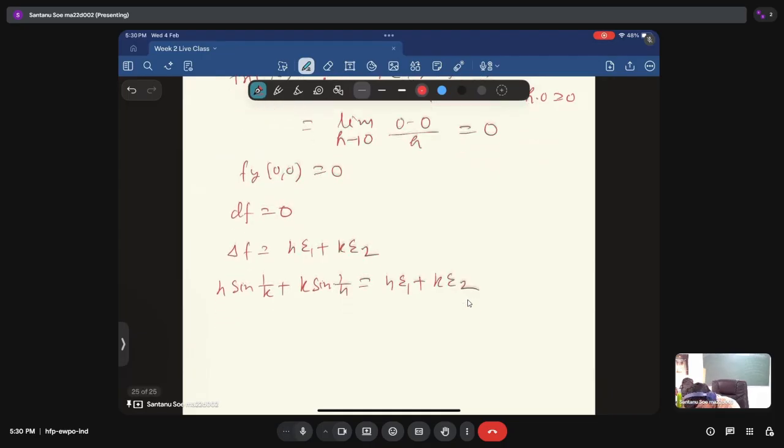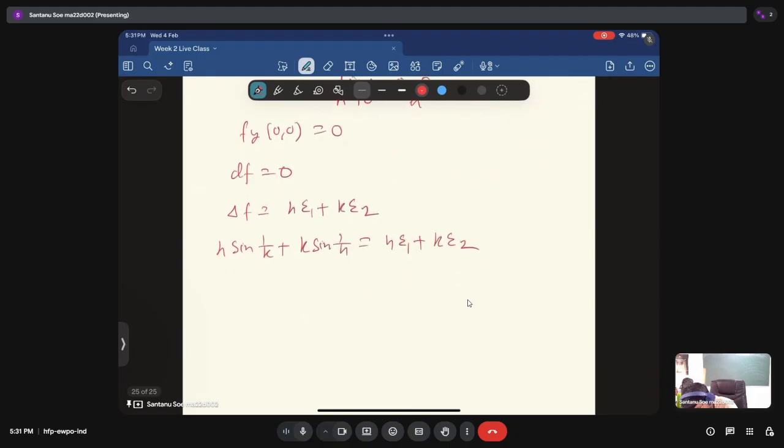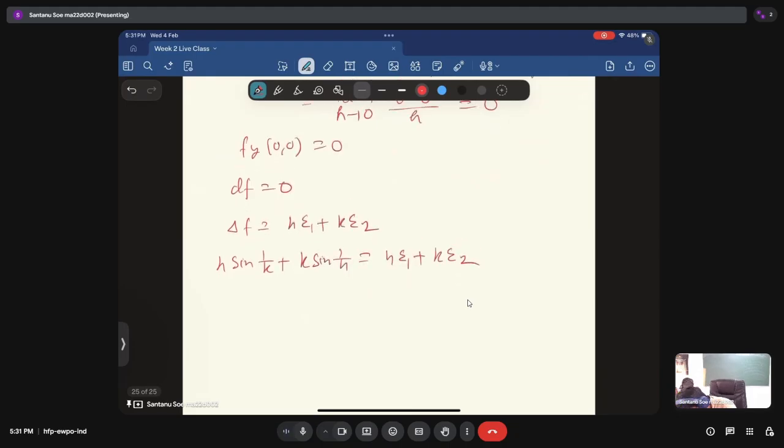So now we have to show that this equality holds, that when (h, k) tends to (0, 0), then epsilon 1, epsilon 2 tend to 0. So now just choose the path k equals h. So then it will be 2h sin(1/h) equals h times (epsilon 1 + epsilon 2).